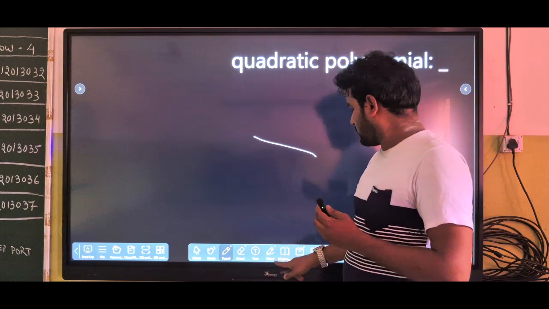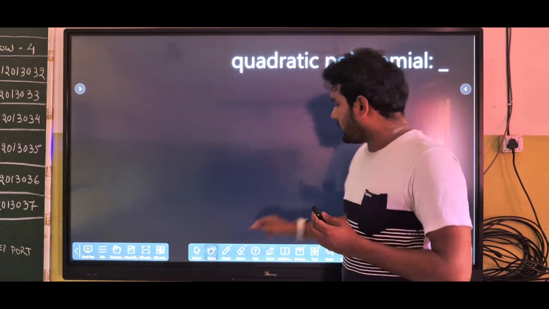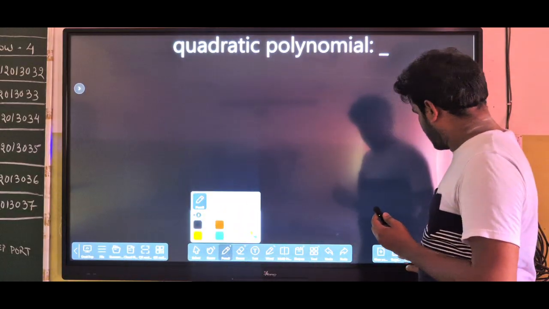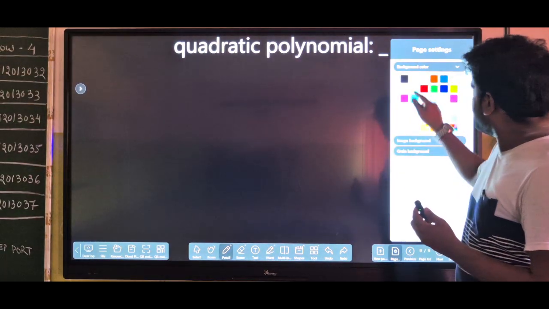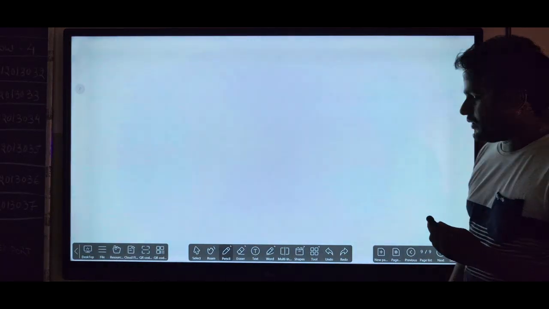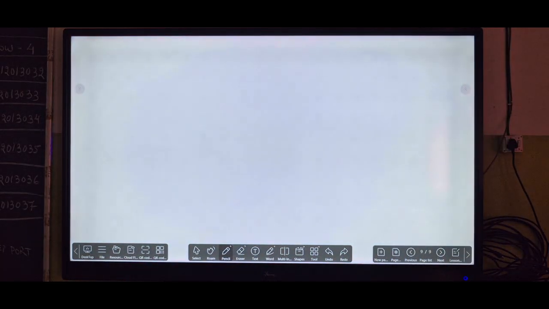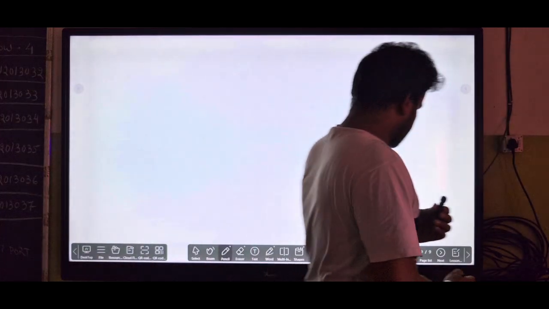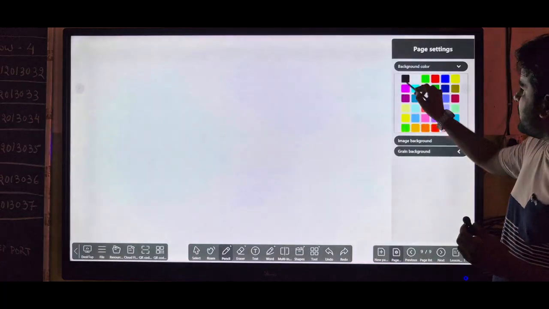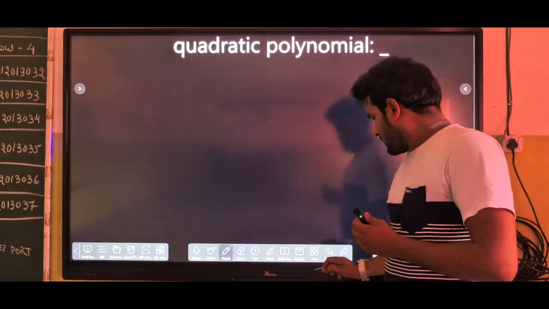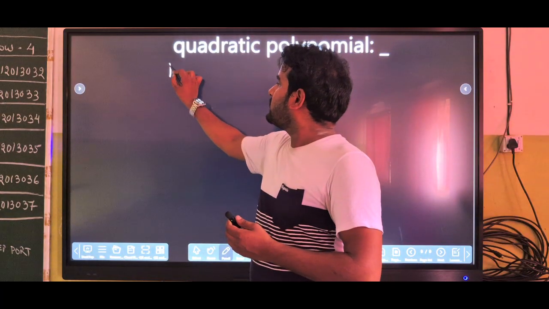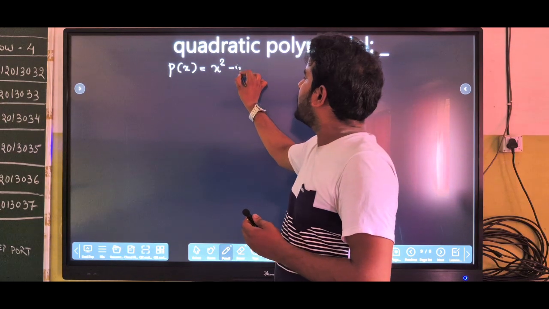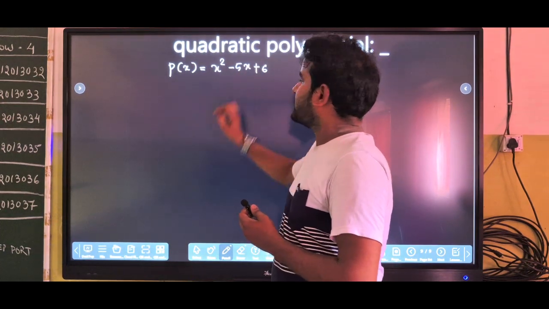The general form, I think we know, is ax square plus bx plus c. Let me take one example, the polynomial x square minus 5x plus 6.